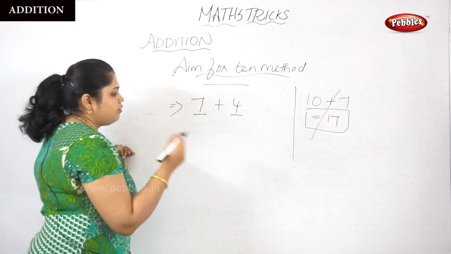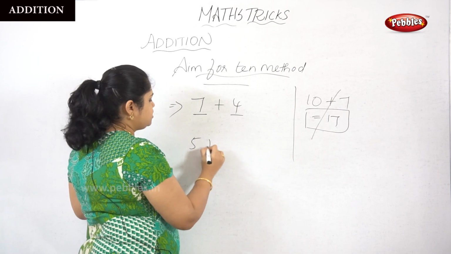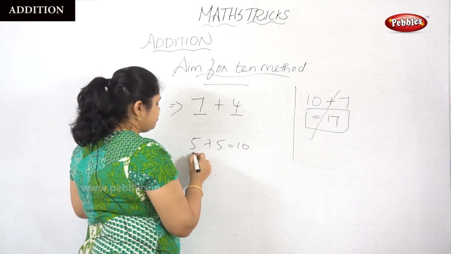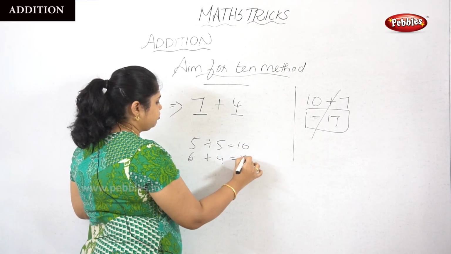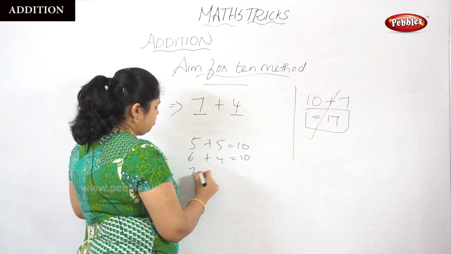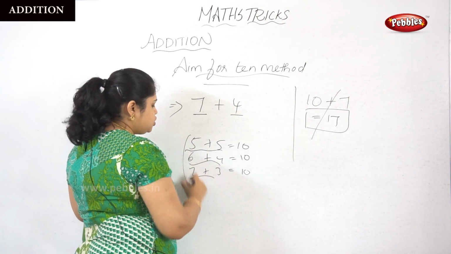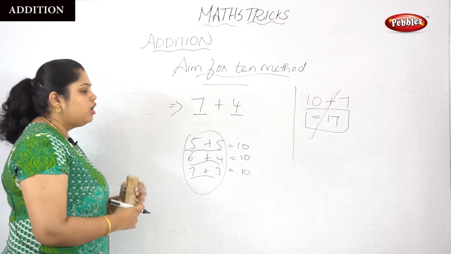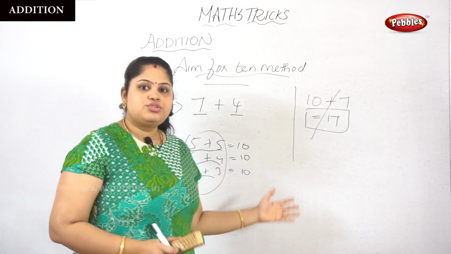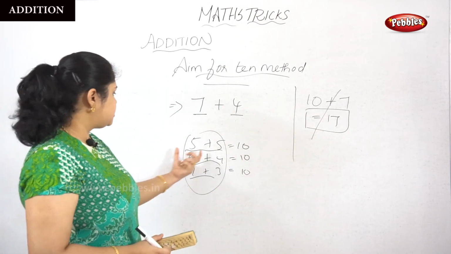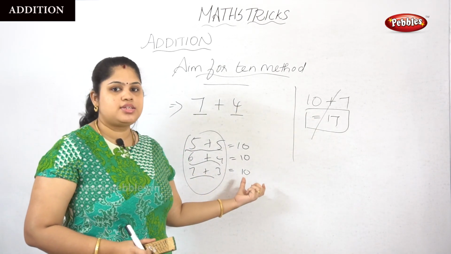For example, they will join this set: 5 plus 5, 10. 6 plus 4, 10. Then 7 plus 3, 10. They will choose the two numbers which give us 10.